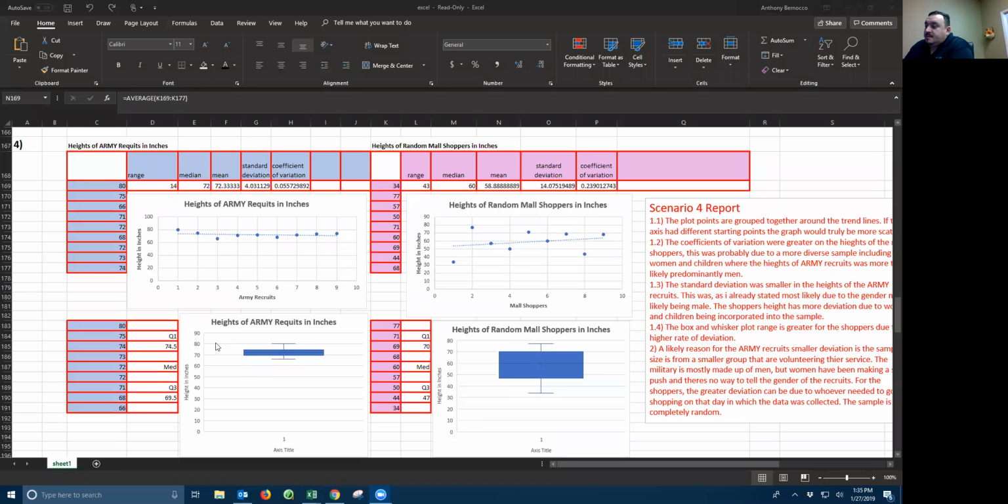So we're looking at all the ranges of the heights of the Army recruits. Same thing with the mall shoppers.